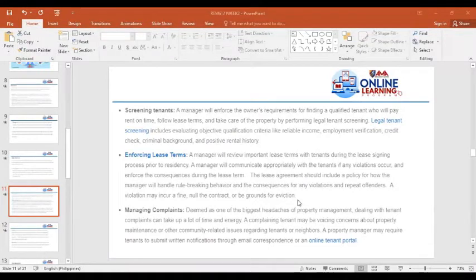So, of course, kailangan ko rin na yung binayad ko ay mabigyan ng magandang serbisyo. Okay? So, kailangan with this kind of complaint, the property manager should know how to handle this kind of problems.